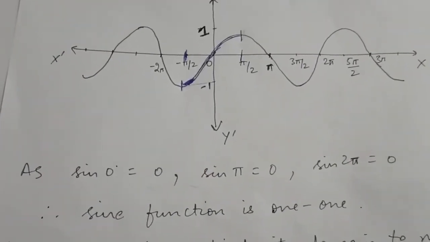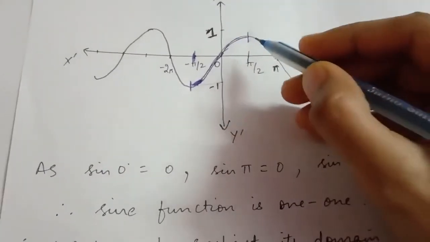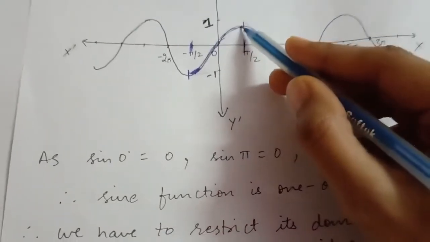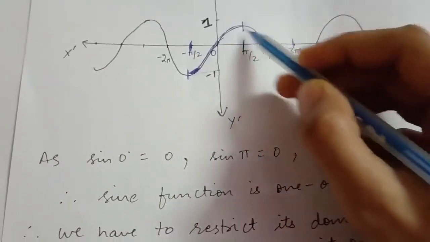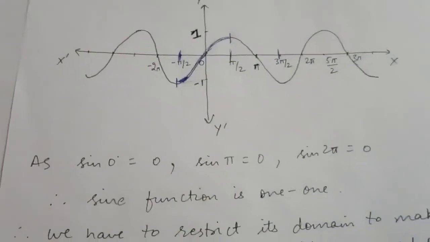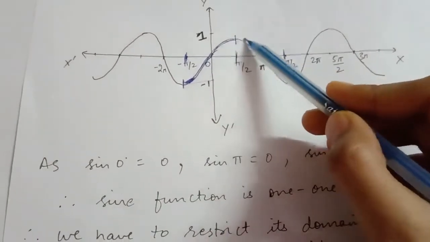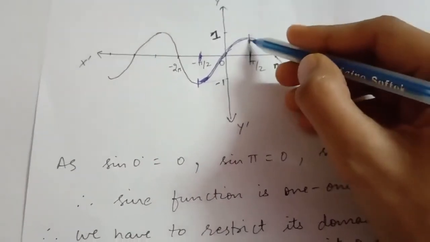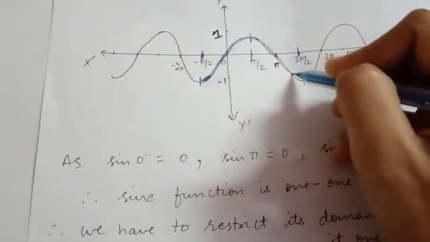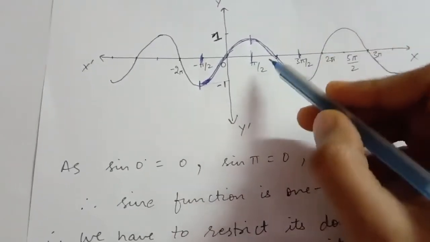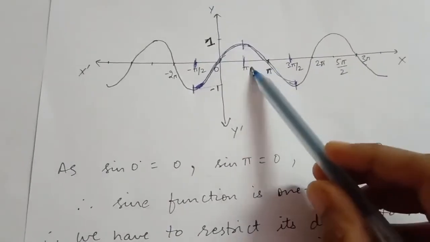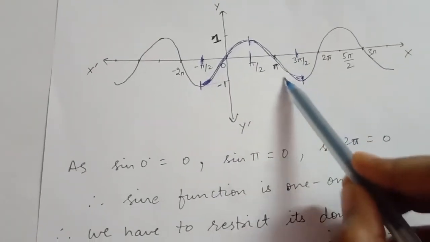Suppose I take π/2 to 3π/2. Now see, from π/2 to 3π/2, the value of sine will be from 1 to -1, right? This will be the value of y, this complete. So if I take the domain as π/2 to 3π/2, then also the function will be 1-1 and onto, right?